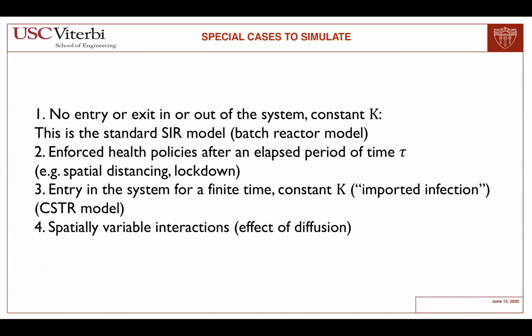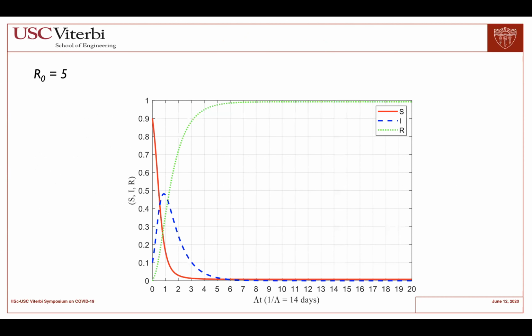The first few simulations are all homogeneous. So we're going to assume that we have the same density in the entire domain. We'll be looking at pointwise quantities, but basically it's the same value in the entire domain. And the last simulation is where the effect of space will come up. So let's start.